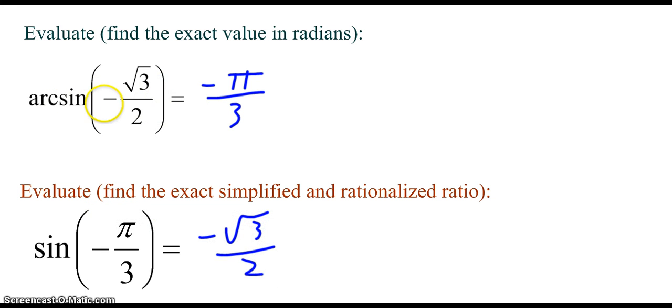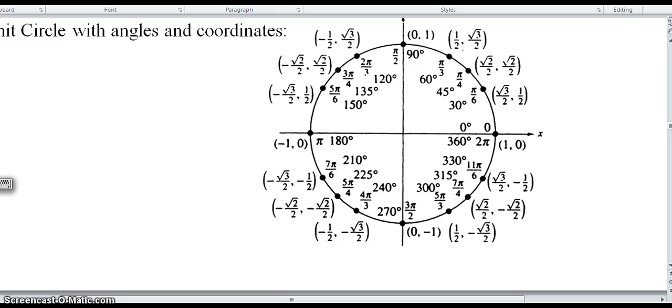So the answer to arc sine of negative root 3 over 2 is negative pi thirds. What is the sine of negative pi thirds? Asking the opposite question, so I find negative pi thirds on the unit circle, which is a coterminal angle of 5 pi thirds. I look at the y value and I get negative root 3 over 2.